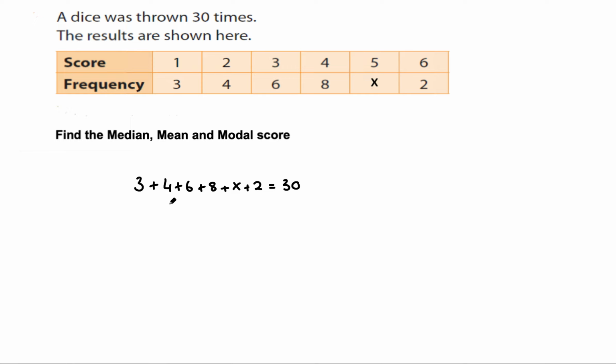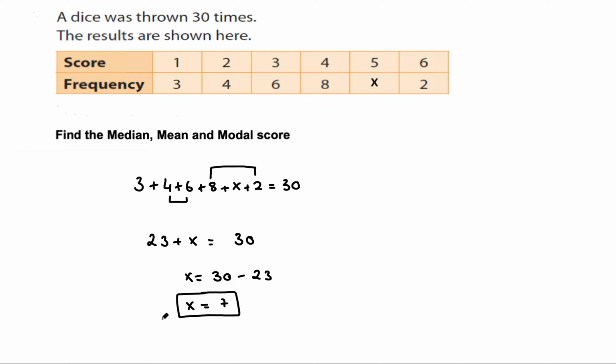So adding it up, I've got 4 and 6, which gives me 10, 8 and 2, which gives me 10, and 3. So I've got 10 and 10 and 3, which is going to give me 23, plus x is equal to 30. And now what I'm going to do is subtract 23 from both sides, so I get x is equal to 30 minus 23, so I get x is equal to 7.